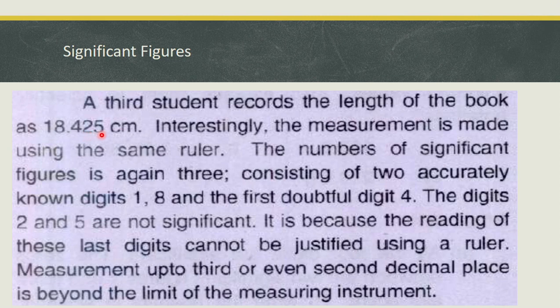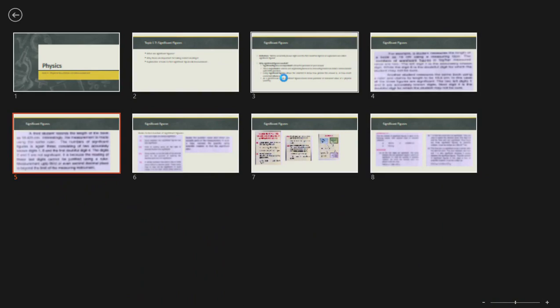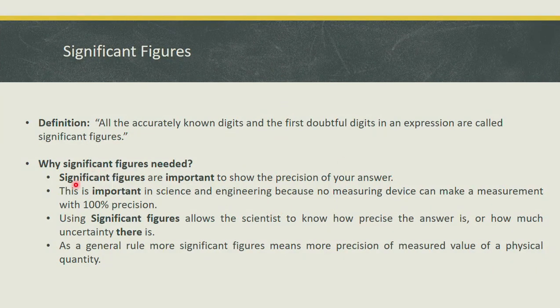So these two values, 2 and 5, are not significant because our instrument has a limitation. As we discussed in this slide, significant figures are important to show the precision of your answer, or they tell us about our instrument.